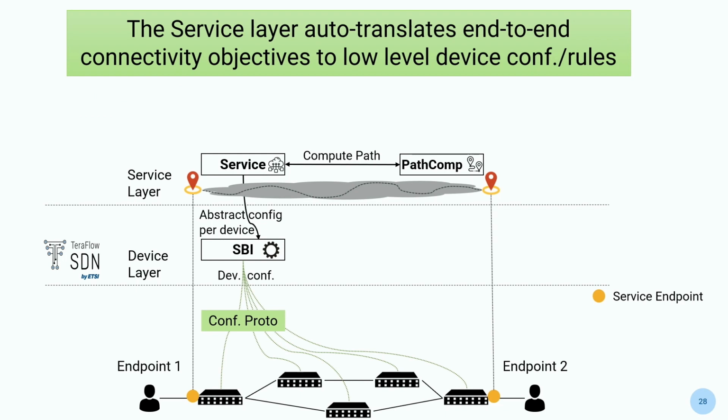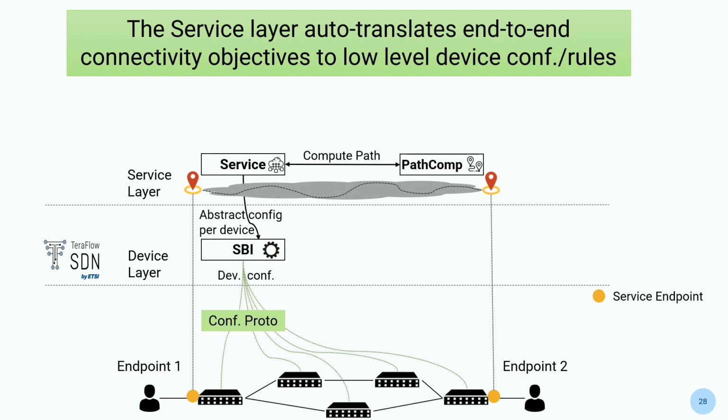So what did we achieve through the service layer, to summarize? Once we give those JSON files to the ETSI TeraFlow controller, we can establish a connectivity between A and B. And this is an end-to-end connectivity, right? So we achieve this end-to-end connectivity objective.